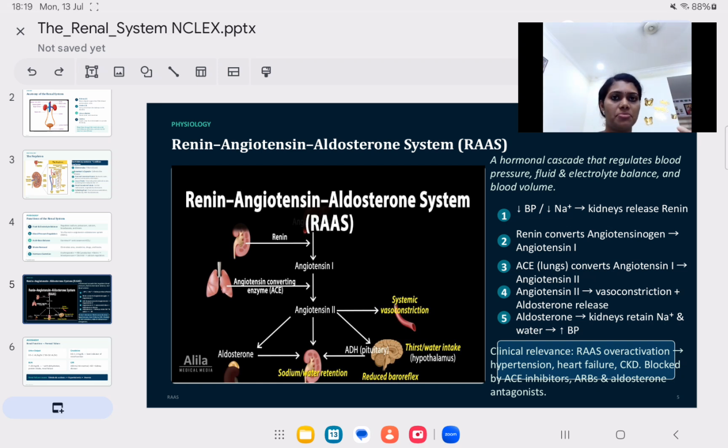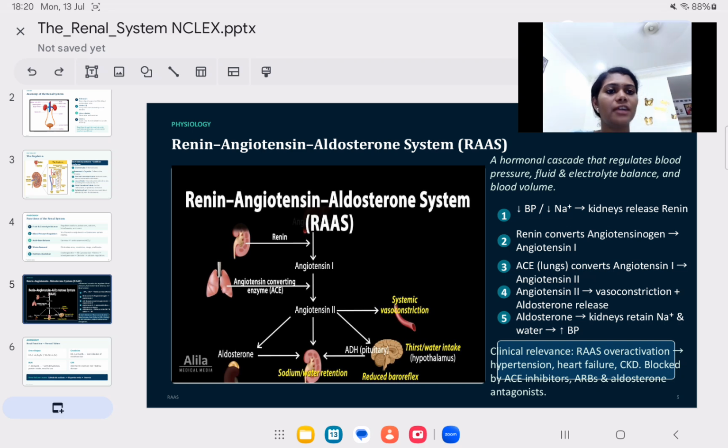If there is any BP fall or sodium fall, renin will be released from our kidney, and angiotensin will be converted into angiotensin 1 and angiotensin 2 by the angiotensin converting enzyme. It helps for the release of aldosterone and the sodium and water retention in our body, and ADH will be produced by the pituitary gland.